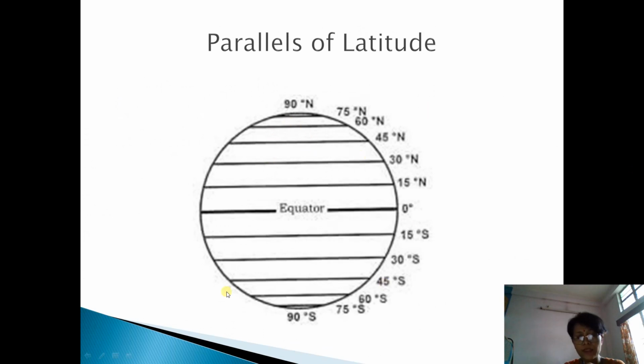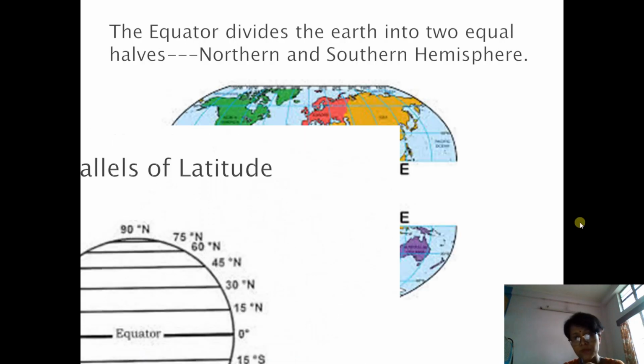Now in this diagram, all the parallels are not possible to show, so only some of the parallels are shown here. 0 degree, that is equator, in the middle, all of you see 0 degree. From 0 to 90 degrees north, and from 0 to 90 degrees south, total 90 parallels each. 90 plus 90, 180, then equator, it will be 181.